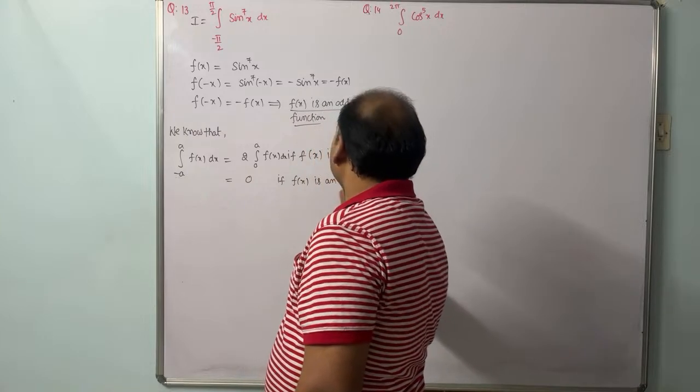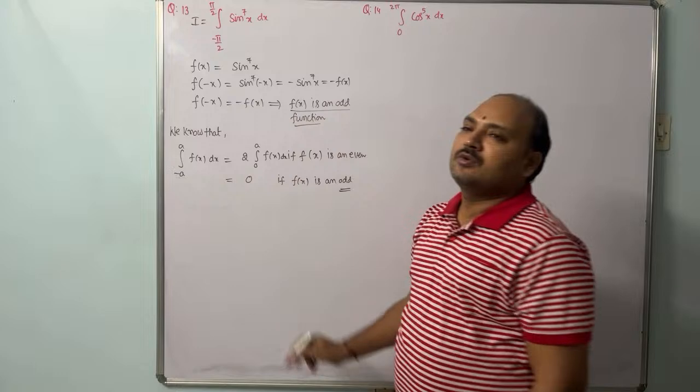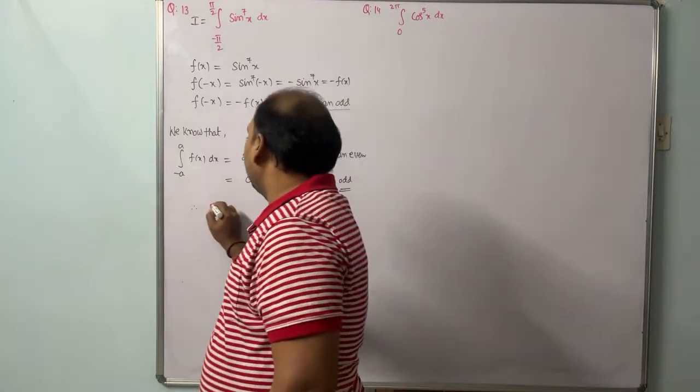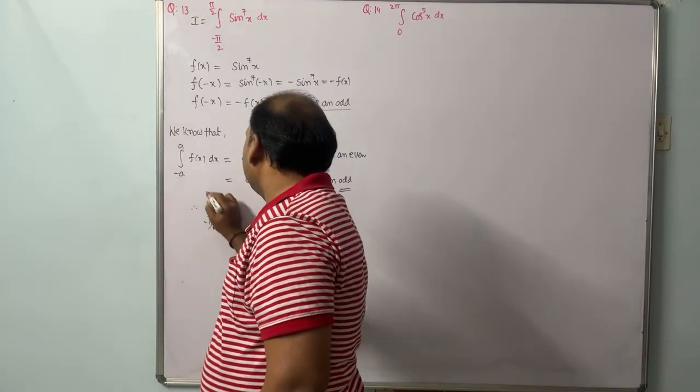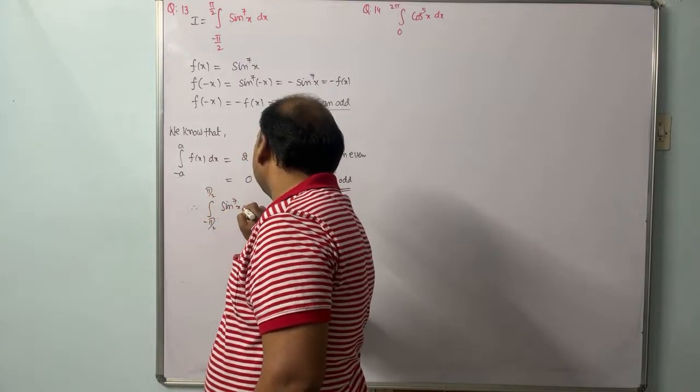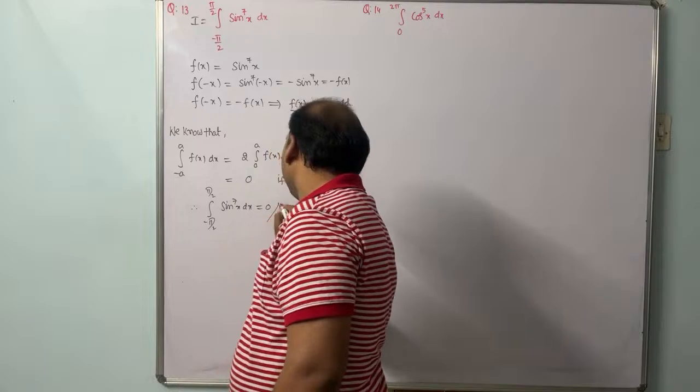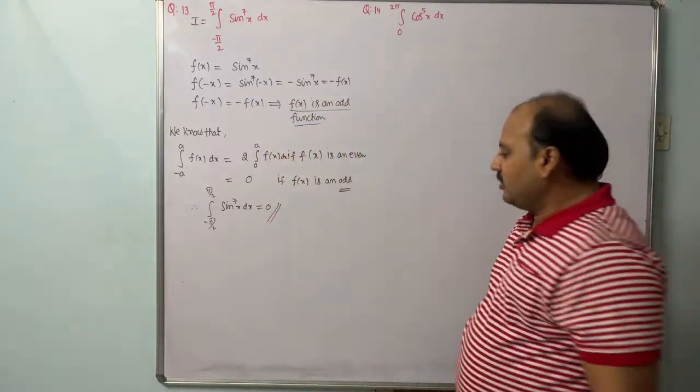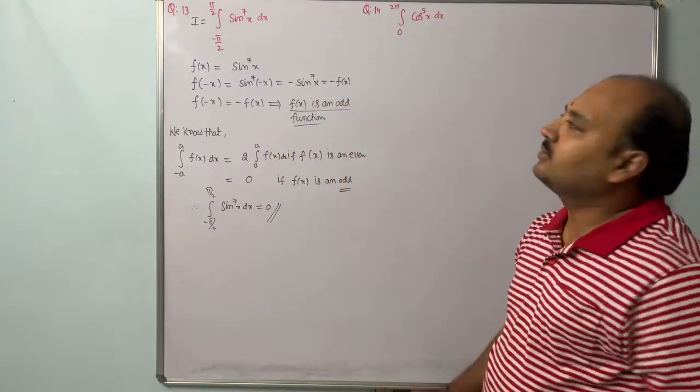According to our question, it is an odd function now. So therefore the given integral, minus pi by 2 to plus pi by 2 sine power 7x dx, is equal to 0. Okay. We'll move on to another question.